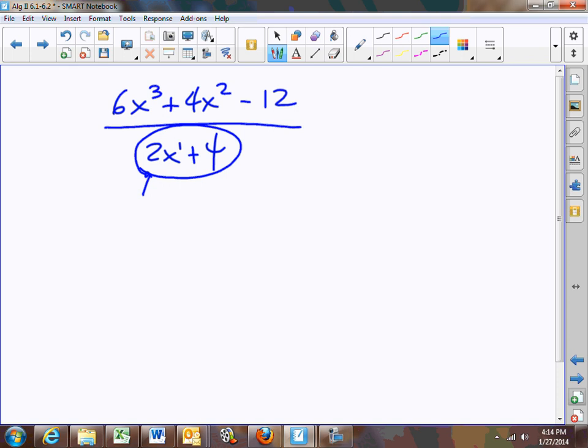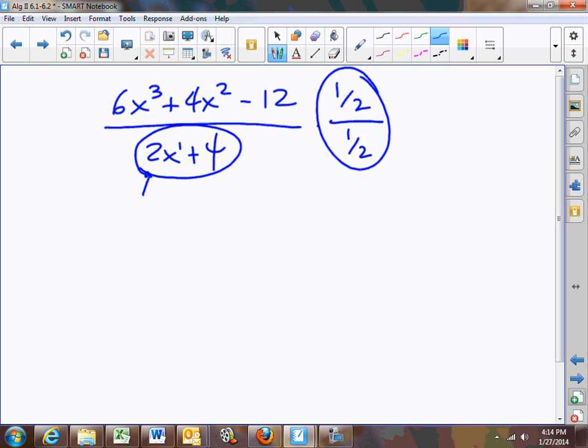So what I want to do is multiply 2x by 1/2 so that I'll get a 1 in front of it. But the only way I can actually do that is if I multiply the numerator by 1/2 as well. You see, what I'm doing here is I'm really multiplying by 1 and changing the form of this fraction so that it will be one that I can use synthetic division for.